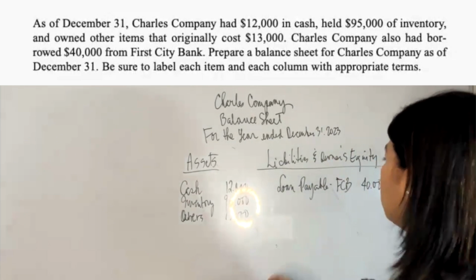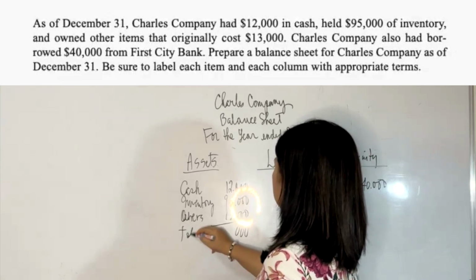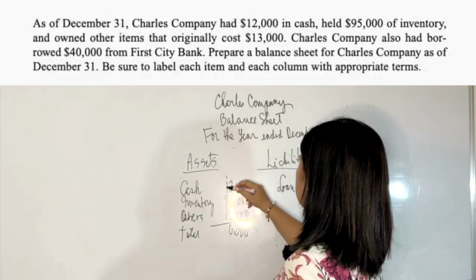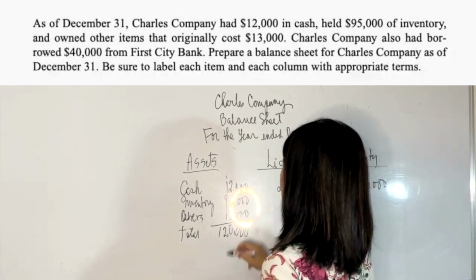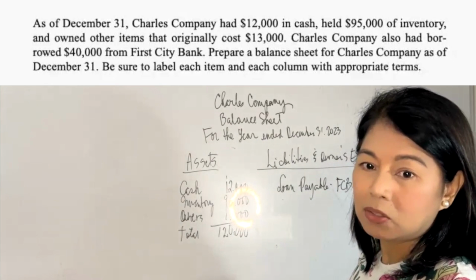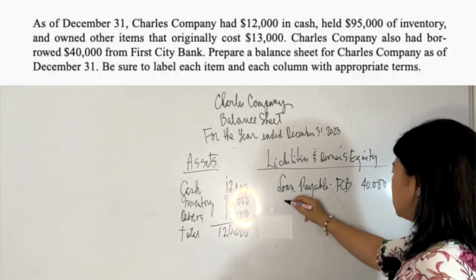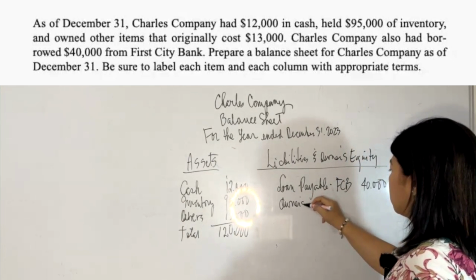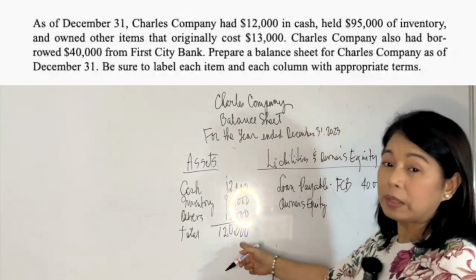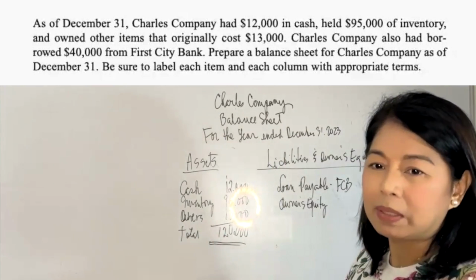Prepare a balance sheet. So basically, if this is all, how much is this? Total asset will therefore be 120. So which means that here, the name is Charles Company. We can just say this is capital or owner's equity. Let's just say owner's equity. If it's 120 here, can you guess how much is the capital?